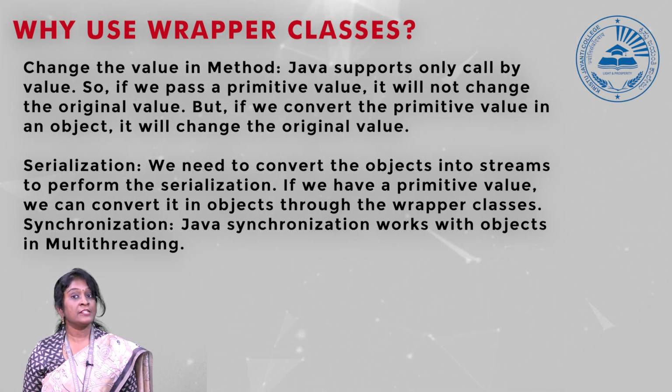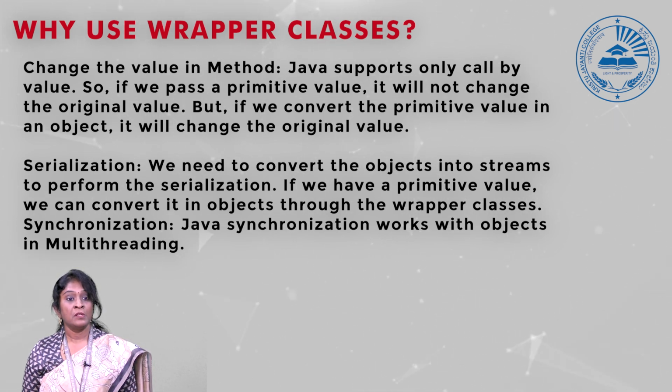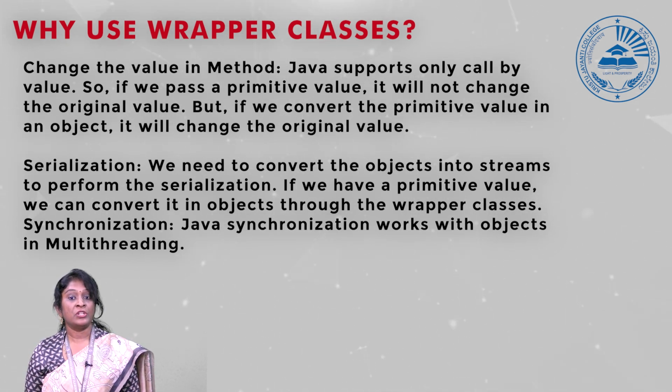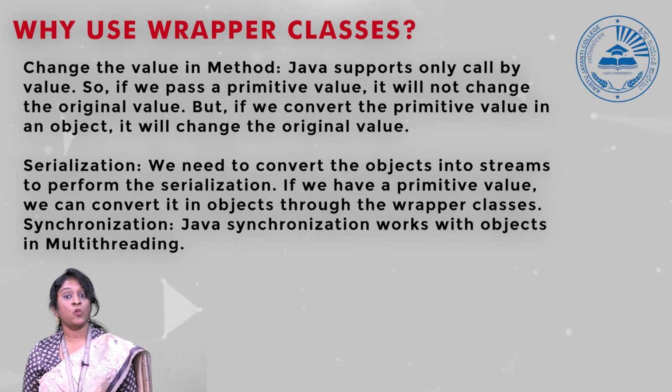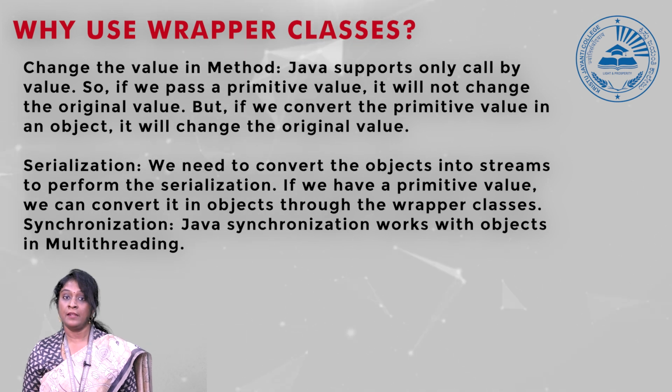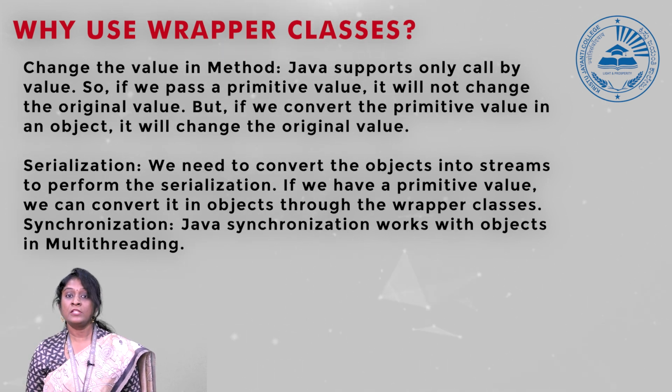The second reason is serialization, where we need to convert the object into streams. If we have a primitive value, we can convert it into an object through the wrapper classes to perform the serialization. The next one is synchronization.